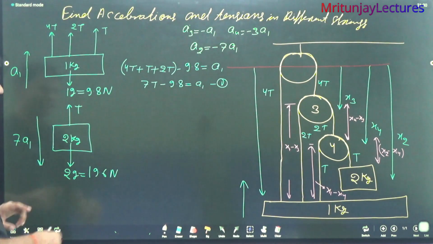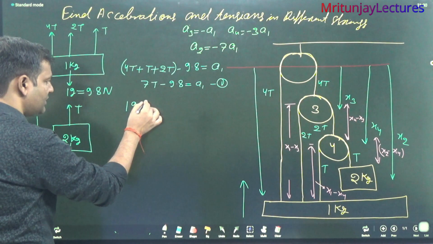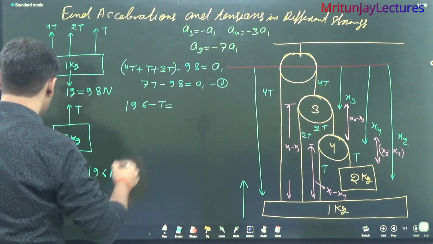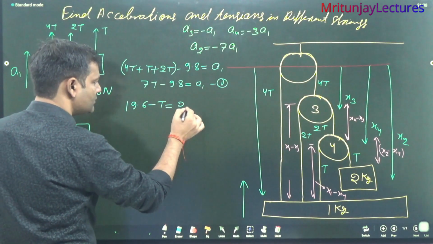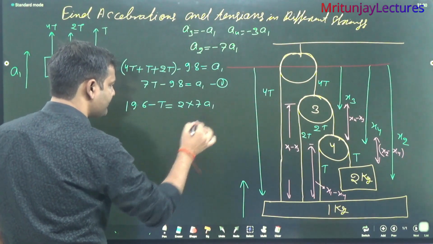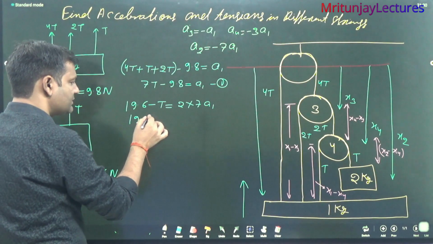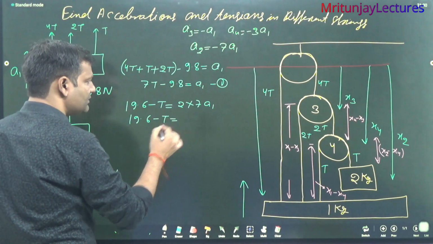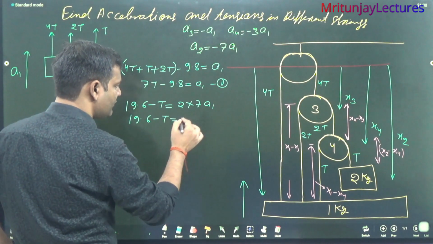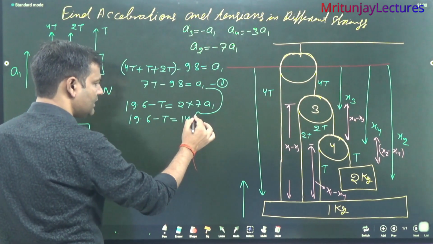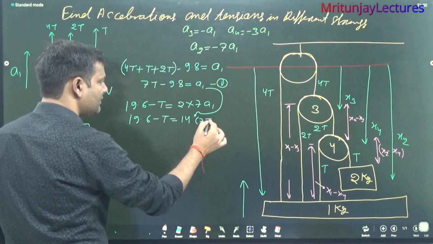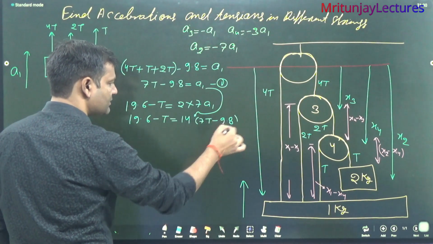So if this one is going downward, it means 19.6 minus T is equal to 2 into 7 into A1, that is 19.6 minus T equals 14 A1. What about A1? If we put the value here, A1 is 7T minus 9.8.